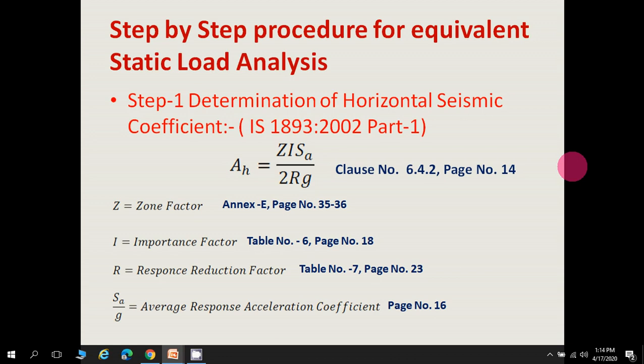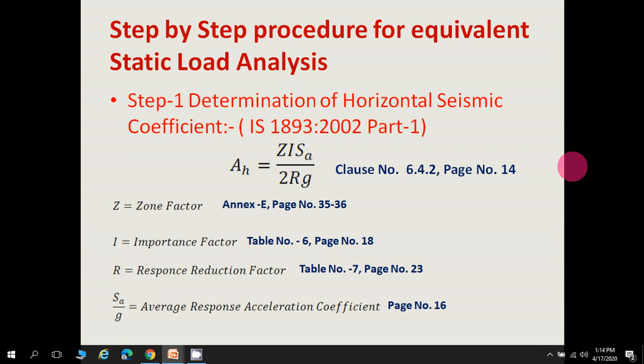I is the importance factor, which depends upon the building type. If the structure has a lot of importance, such as an educational building, malls or hospitals, buildings with a large number of people gathering are considered important buildings, and the value of the importance factor is higher compared with a residential building.